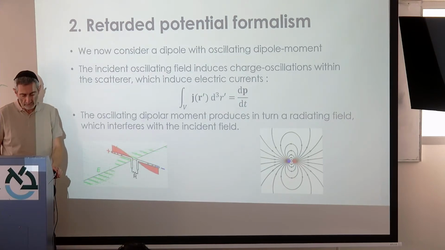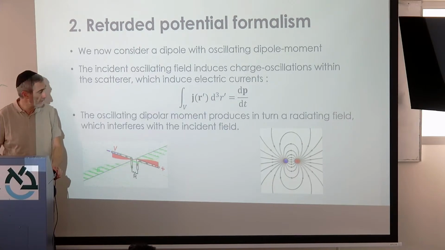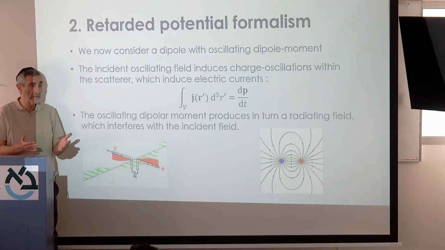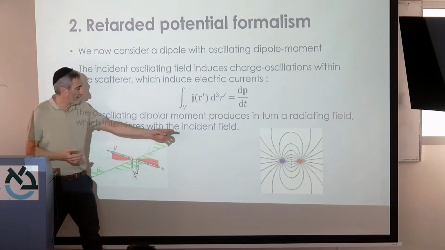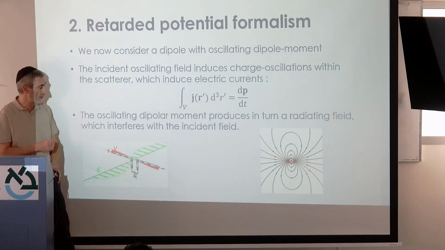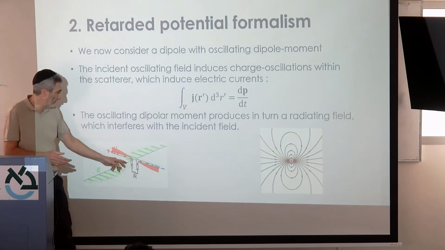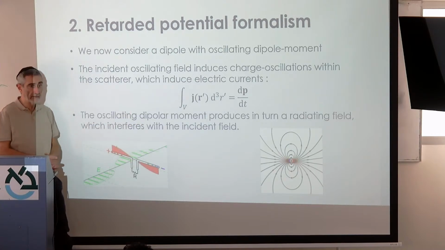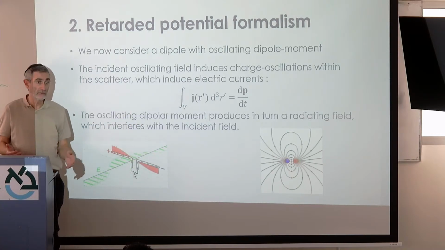So the oscillating dipole moment produces in turn a radiating field which interferes with the incident field. That's always the same story. You have an incident field, it generates an oscillation of the dipoles inside the medium. This oscillation in turn will generate a field which is actually the scattered field.